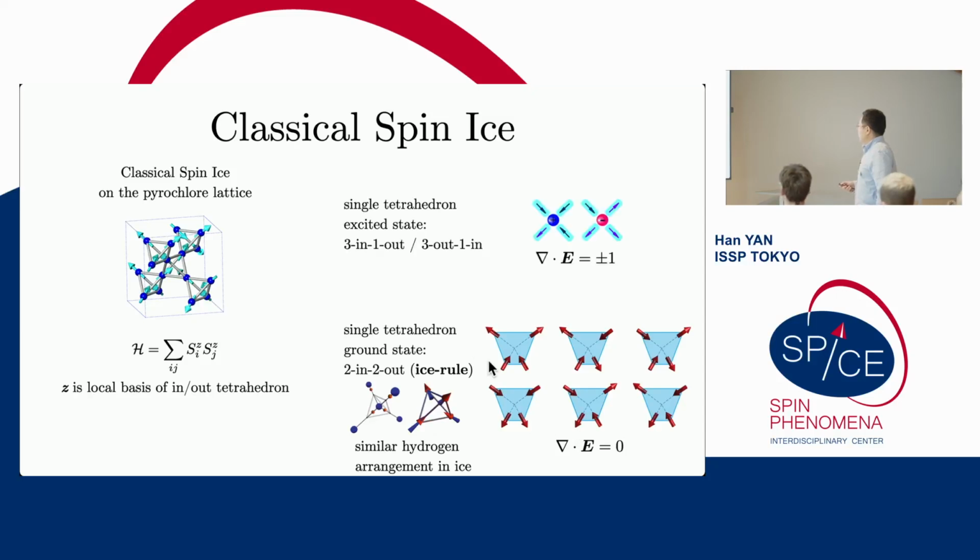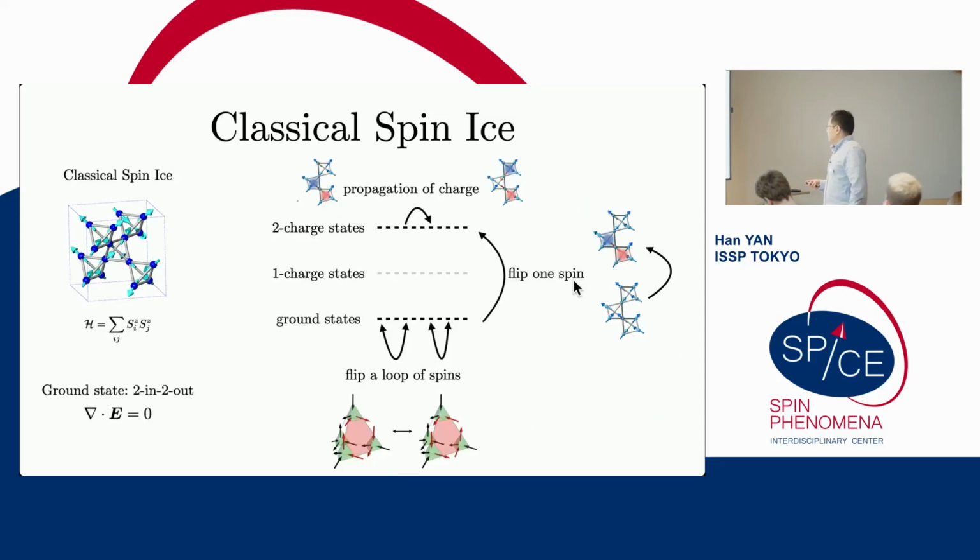When you have higher energy or excited states, you will violate this two-in, two-out rule, which means effectively you have some electric charges on the lattice.